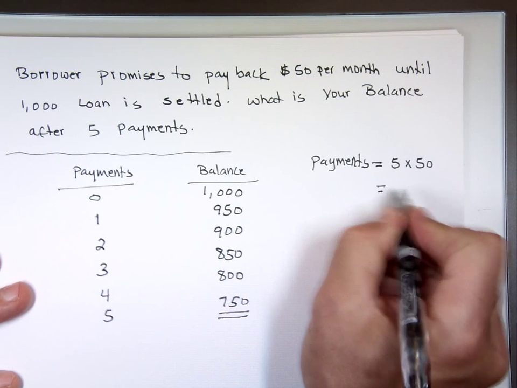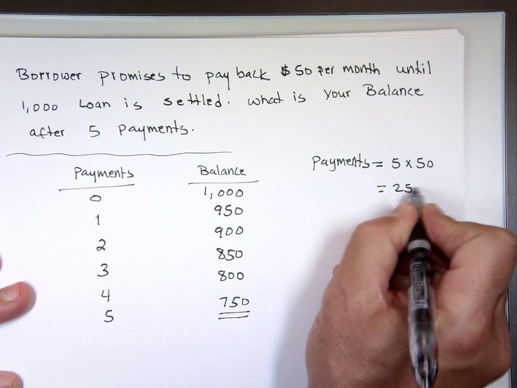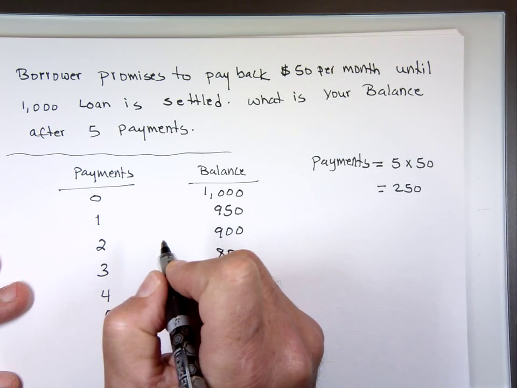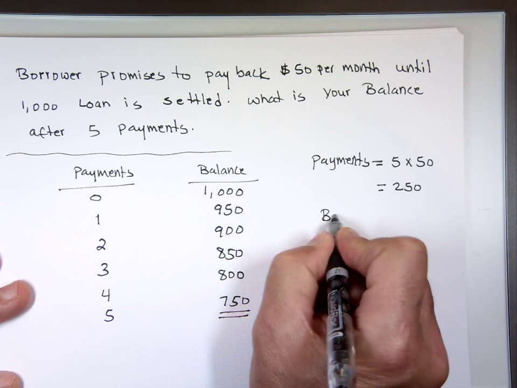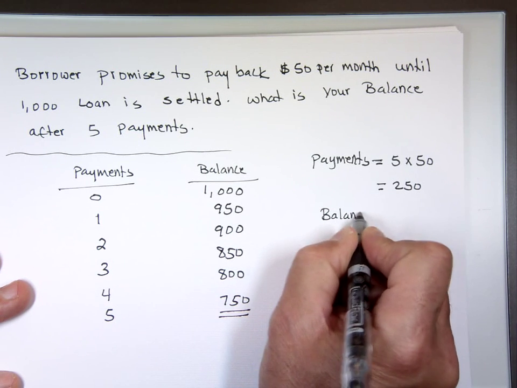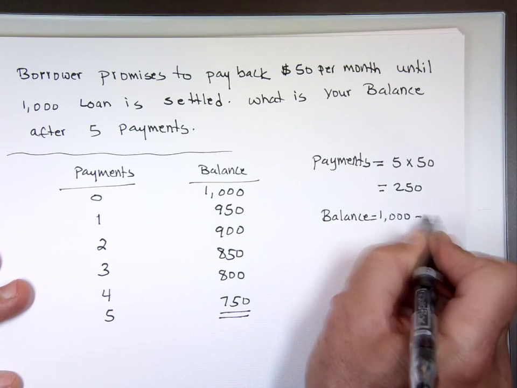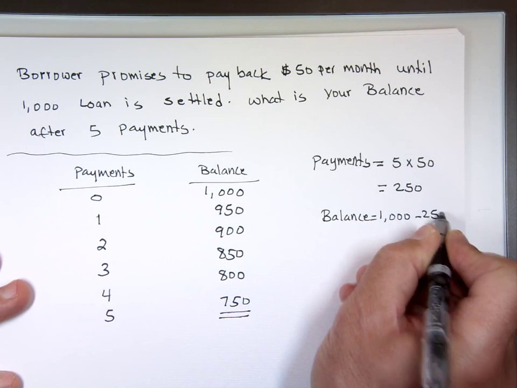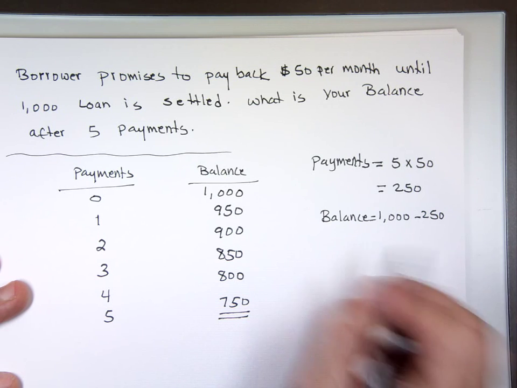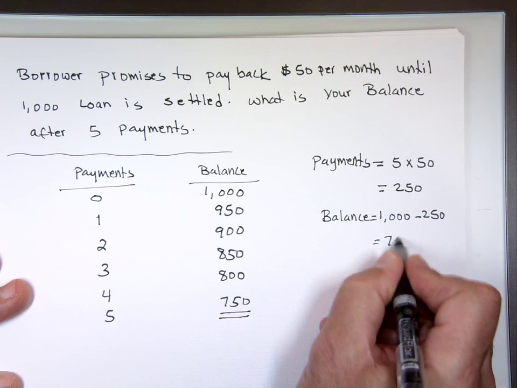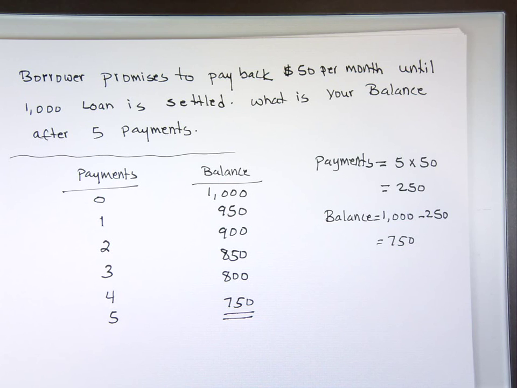So altogether you paid mom $250. So what's the balance now? The balance is going to be the $1,000 that you started with minus the $250. And that's where the $750 comes in. Now you can use that for a car loan.